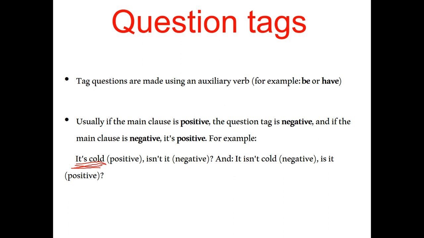When you want to add a question tag, we have to make it negative: isn't it? It's cold, isn't it? You see? And do not forget, we have to add a question mark at the end of the sentence. If the sentence is positive, at the end of the sentence you have to make it negative.